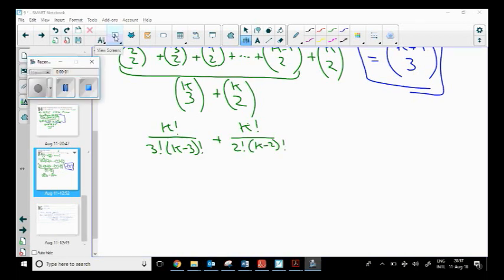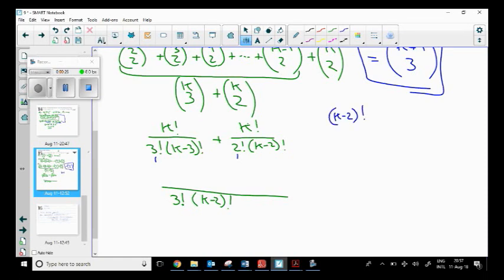All right, so we're going to combine these two. Finding a common denominator might not be obvious at first, but my common denominator is going to be 3 factorial times k minus 2 factorial. That's it. Why is that? Well, because 3 factorial is 6. So 6 already has a factor of 2 in it. And k minus 2 factorial is k minus 2 times k minus 3 factorial.